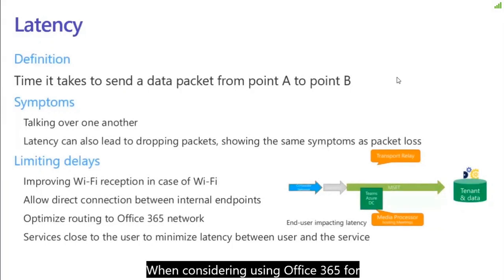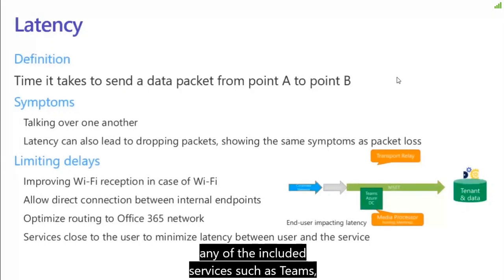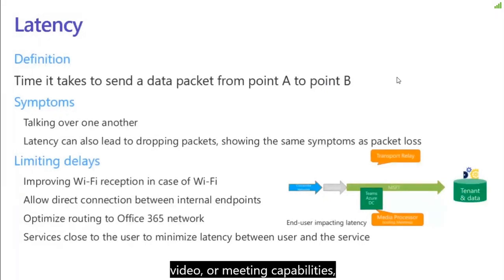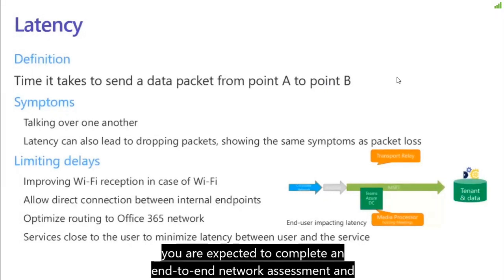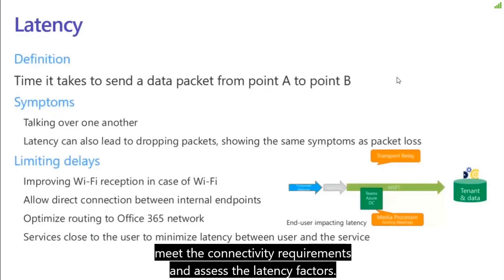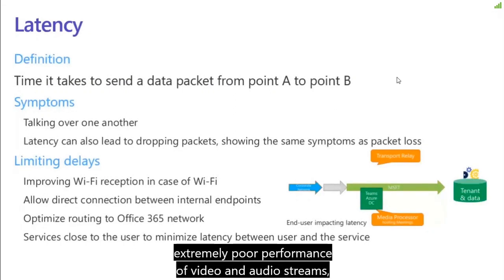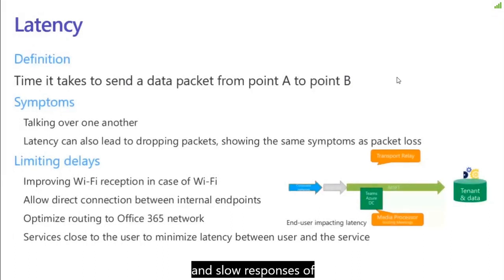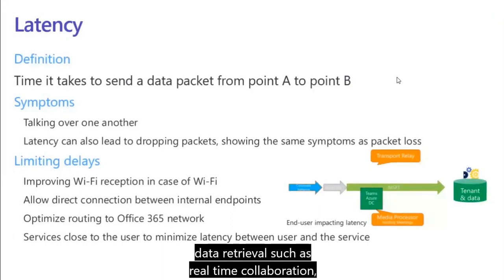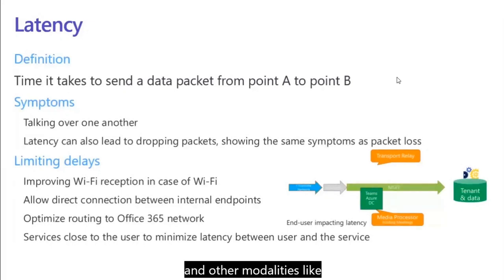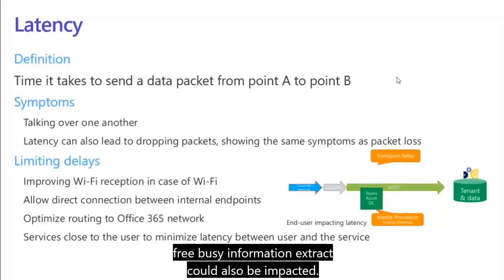When considering using Office 365 for any of the included services, such as Teams video or meeting capabilities, you are expected to complete an end-to-end network assessment, meet the connectivity requirements, and assess the latency factors. High latency can cause extremely poor performance of video and audio streams and slow responses of data retrieval, searches, real-time collaboration, and other modalities like free/busy information.